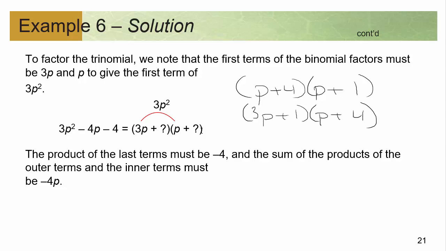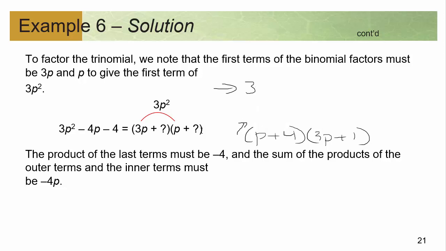And if you switch places with the 3p and the p, that just becomes p plus 4 and 3p plus 1, right? But isn't that the exact same thing as this? They're just in opposite orders. Yeah, so that's why it doesn't matter.